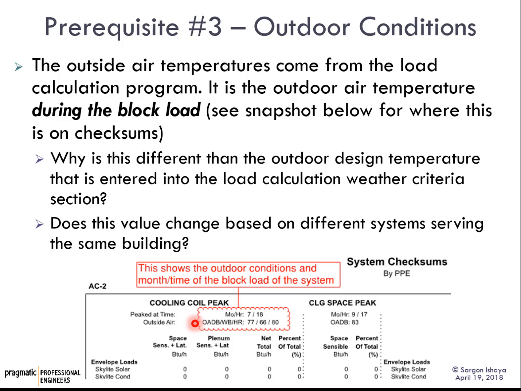If it's not different in your system checksums report, then you are extremely lucky, because almost all the time the outdoor air dry bulb and wet bulb given to you on the system checksums report when your building peaks based on block loads is different than the weather criteria that you entered in the load calculation program. So I'll pause, or if you want to pause the slideshow for a second and think about that, I'll give you the answer in a second.